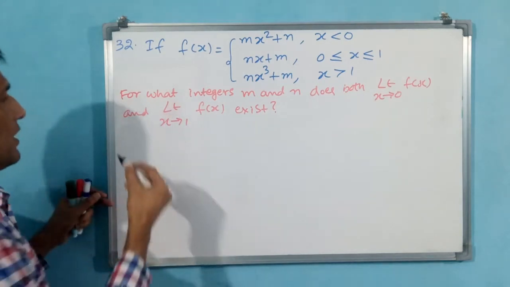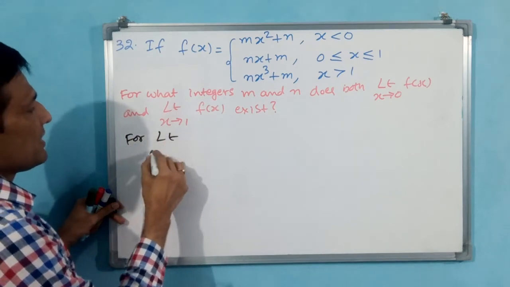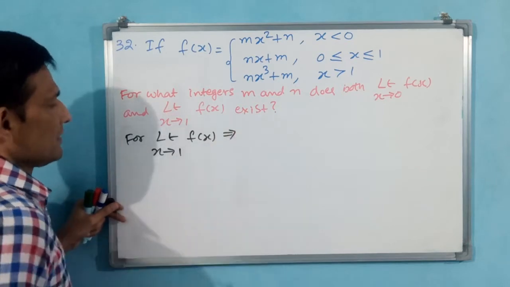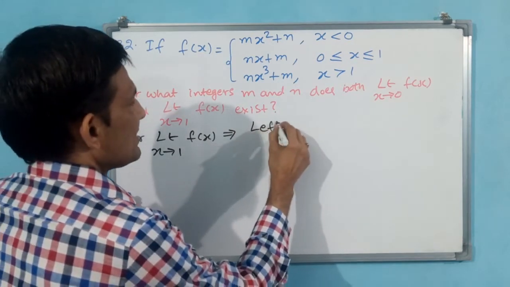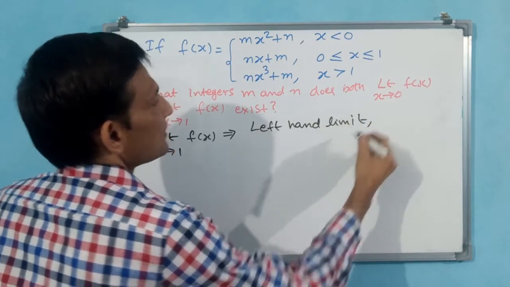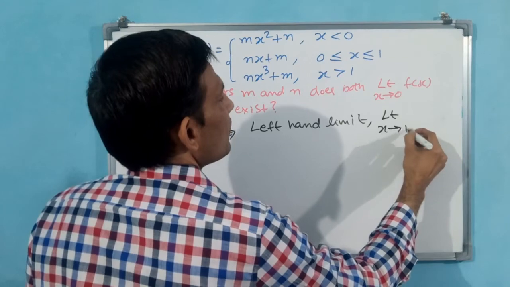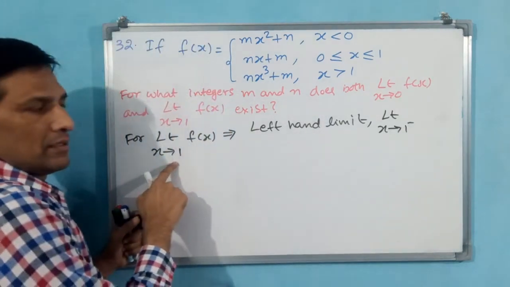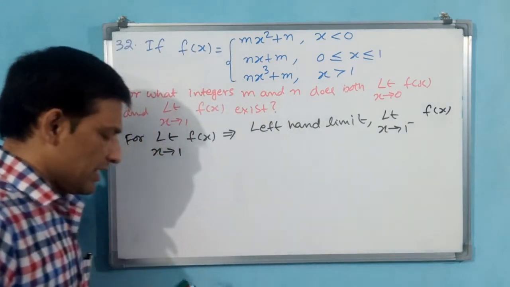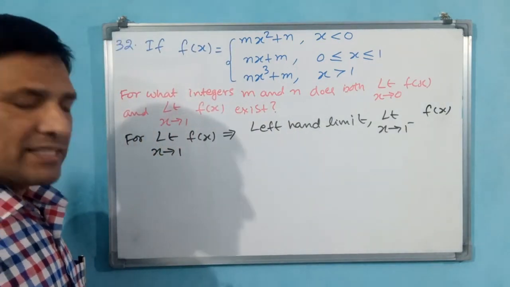Okay, see, for limit x tends to 1, f of x implies left hand limit, limit x tends to 1 minus f of x. Now you tell me what will be the 1 minus.